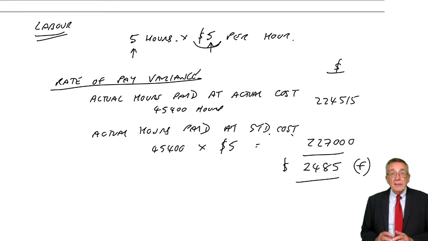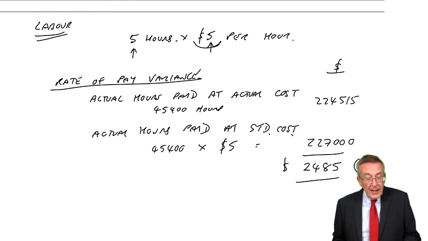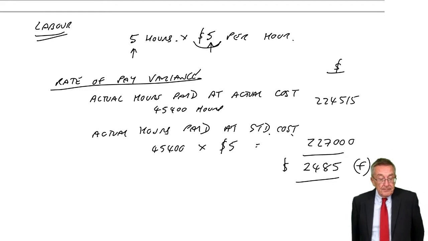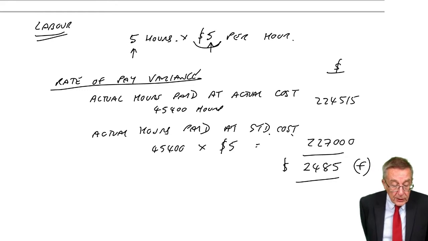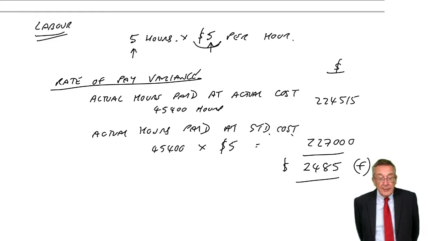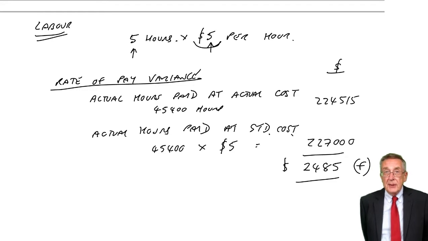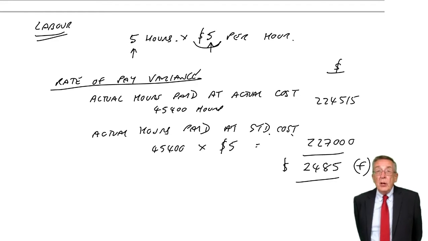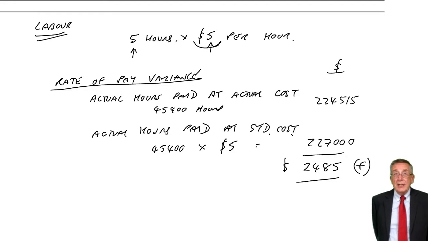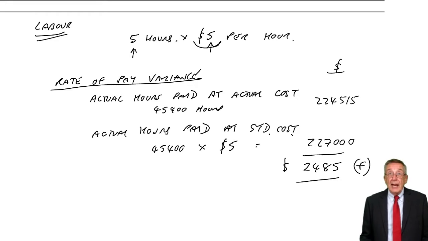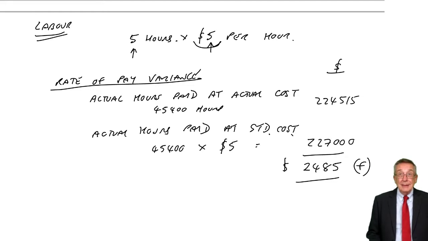Even if we had been paying at $5 an hour, there's another bit here that's a bit odd. If you look at the actual results, it says we paid 45,400 hours, but they only worked for 44,100. So for some reason, we've been paying them for hours when they did no work at all.